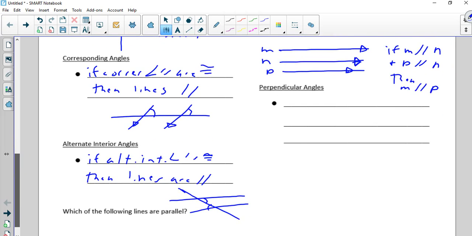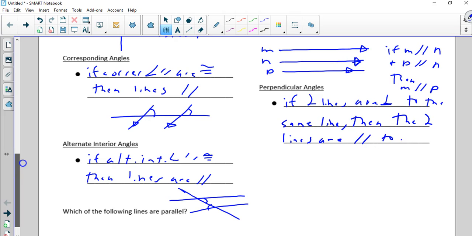Perpendicular angles. Two lines are perpendicular to the same line. Then the two lines are parallel to each other.